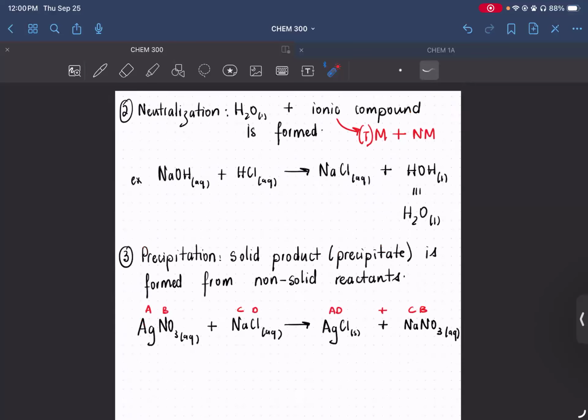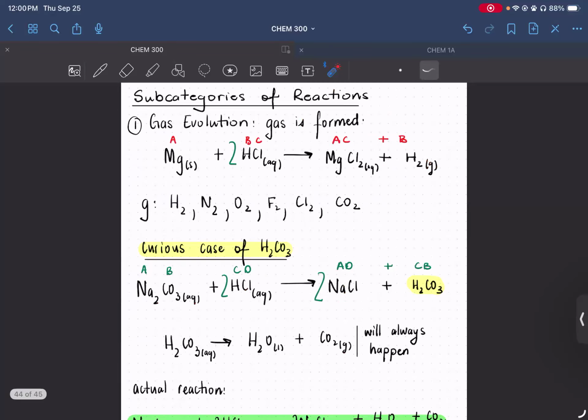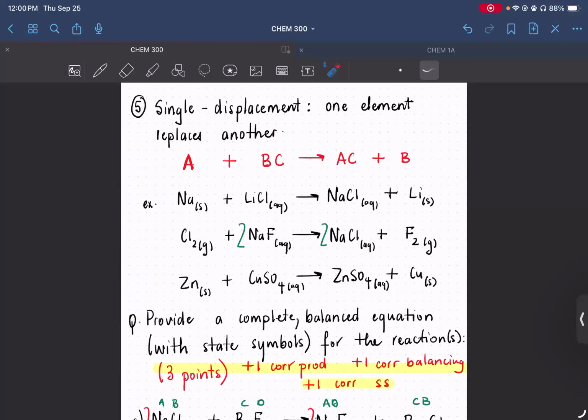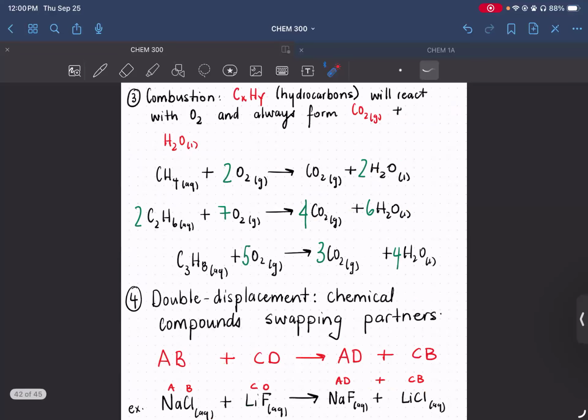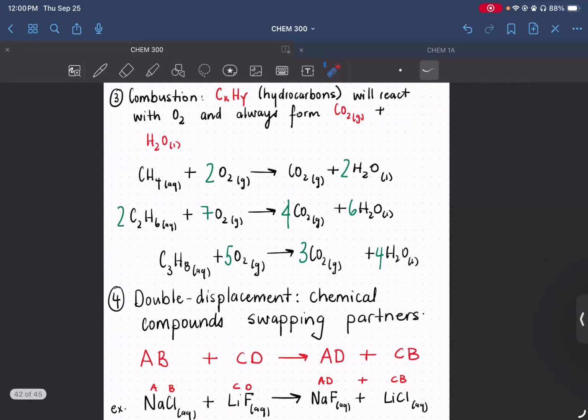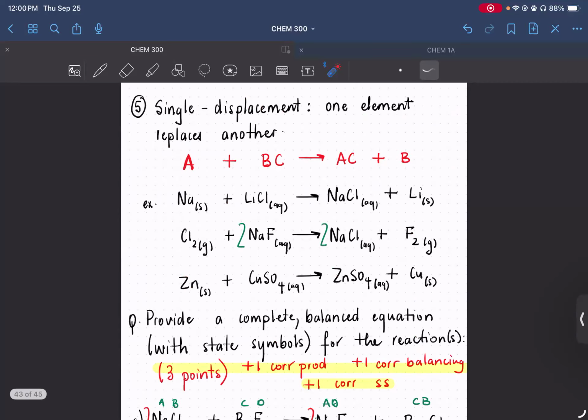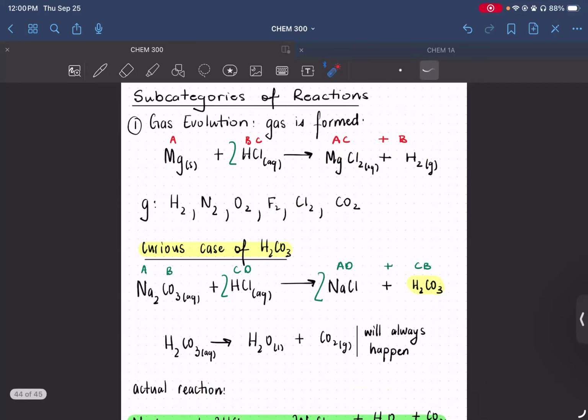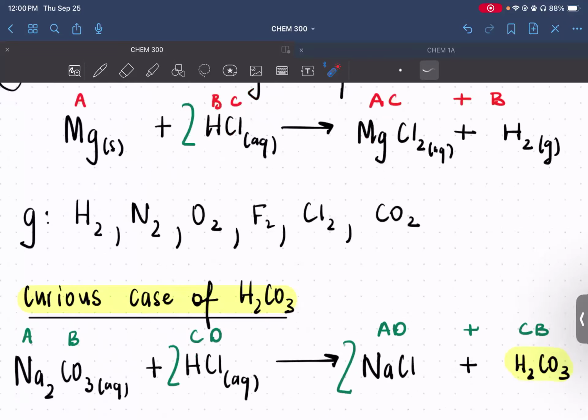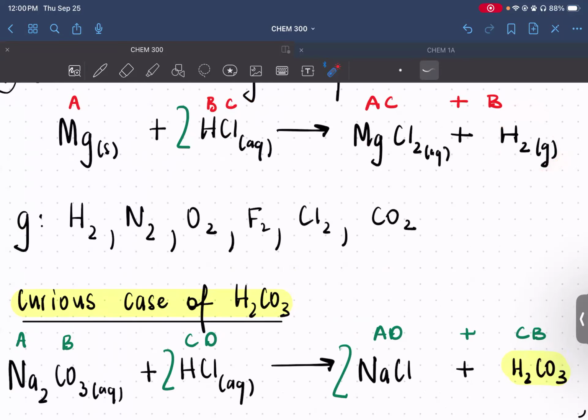So do note the primary difference between the archetypes we've covered and the subcategories we went over today. The archetypes are what allow us to predict the products of a reaction, and the subcategories are labels that we assign after predicting products. We see that a gas is formed, hence this is gas evolution.